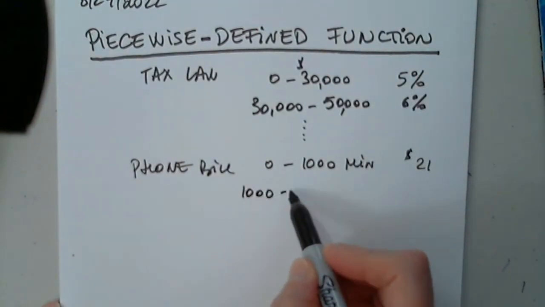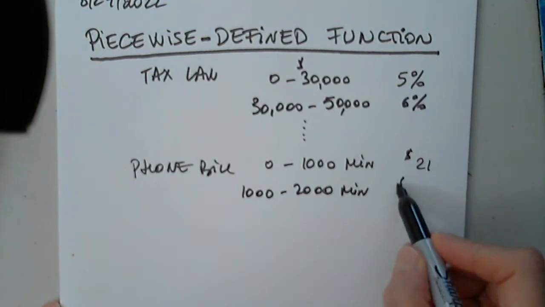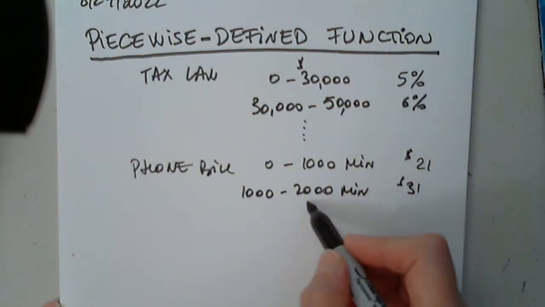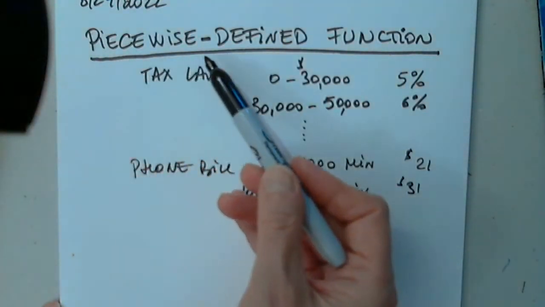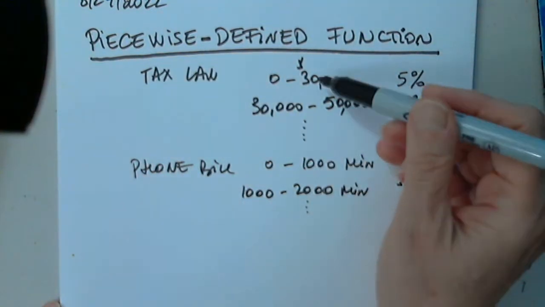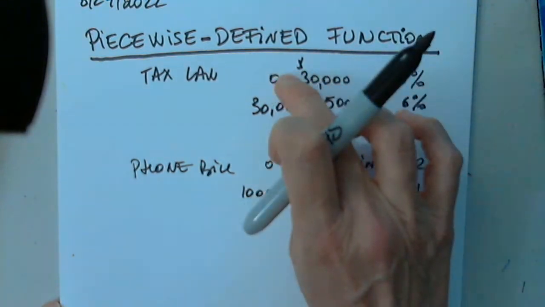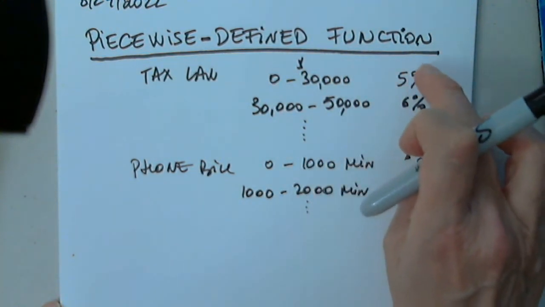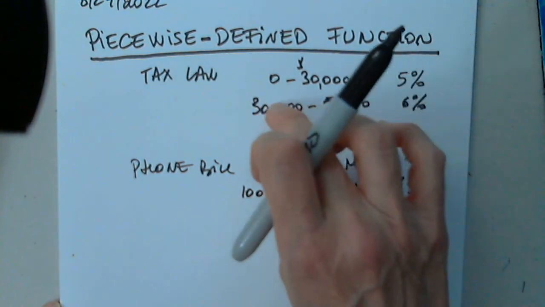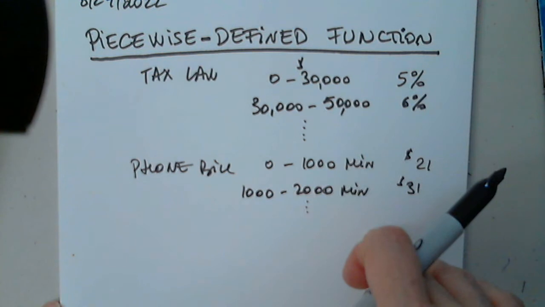Between 1,000 and 2,000 minutes, I have, I don't know, $31, and so on and so forth. So this is another example of a piecewise defined function. In other words, a function that is defined in pieces. For these x values, this is the function. For these x values, this is the function, and so on and so forth.